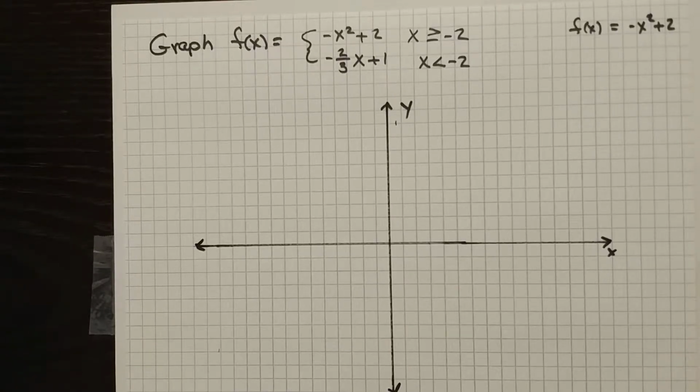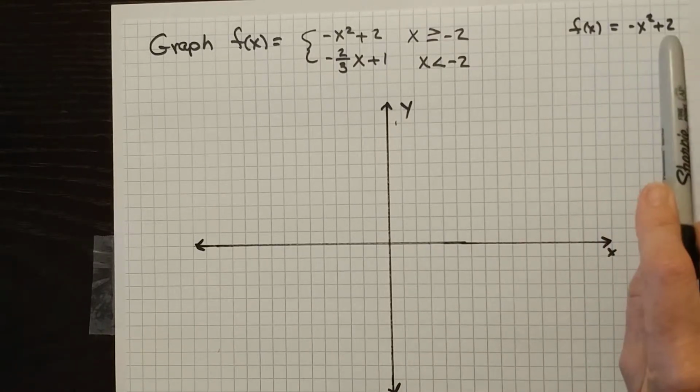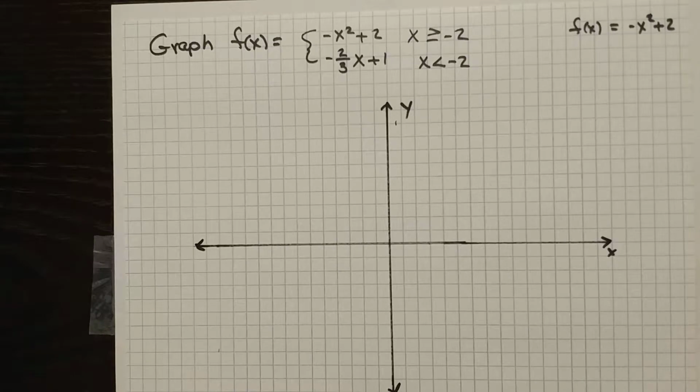And this plus 2, tacked on to the end of our function, indicates a vertical shift. So the parabola is reflected across the x-axis, and then shifted up 2 places. That's what that's going to look like.